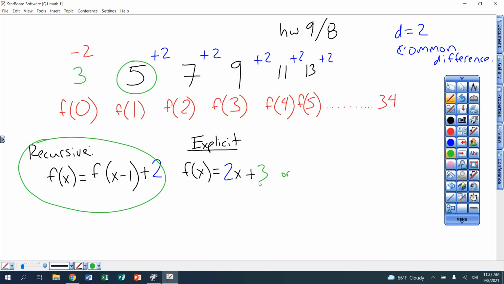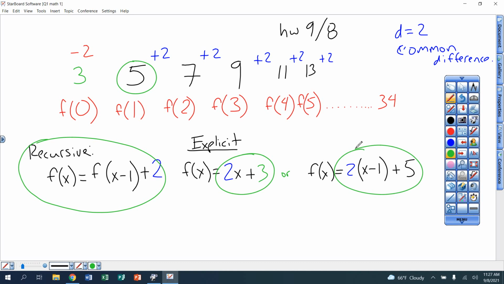I want you to also see that you could use that first term, which is that 5 instead. So if I wanted to use that one, I would still use my 2, but since I'm shifting to the right 1 step to get to the first term, I got to write this x minus 1, and then I put that 5 inside there. And even though these look different, they really are equivalent.